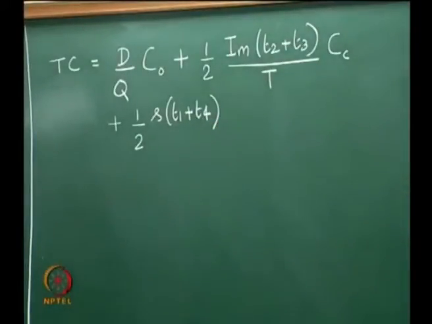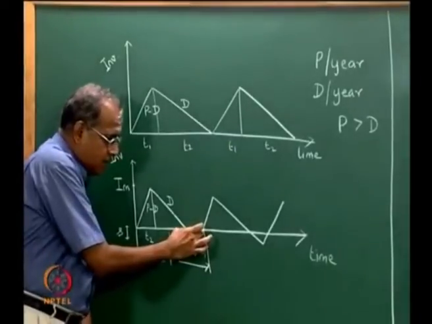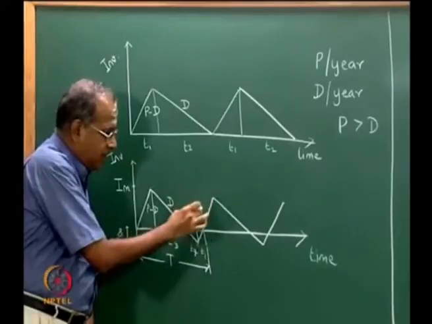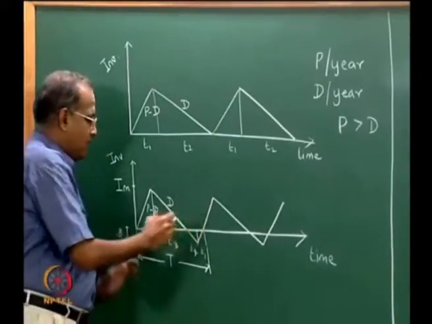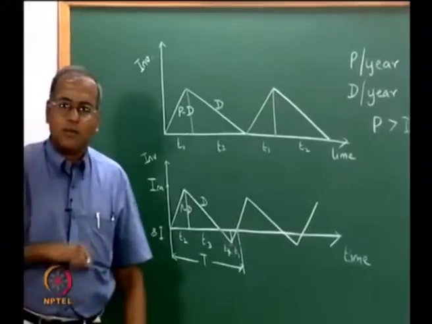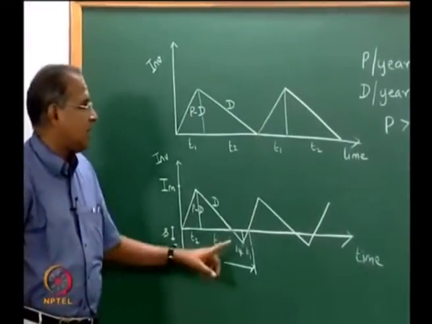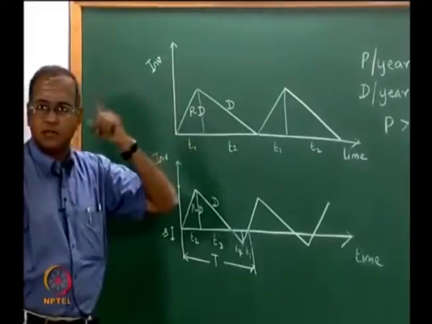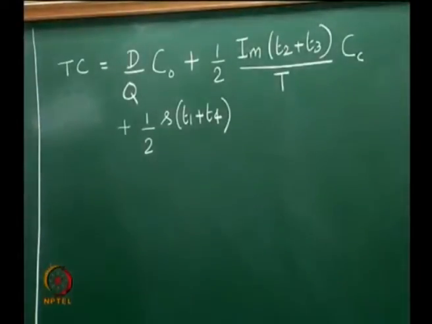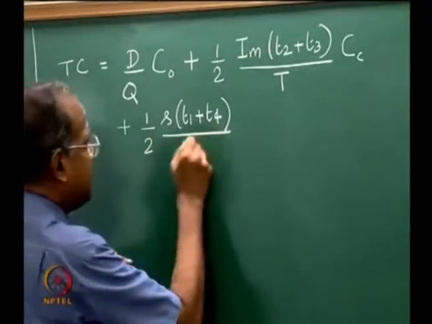Now, if we look at this cycle, this is the total back order quantity. So, that is held for a period T1 plus T4. Back order is 0 for a period T2 plus T3. So, total average back order is half into S into T1 plus T4 divided by T1 plus T2 plus T3 plus T4, which is capital T. So, divided by capital T.